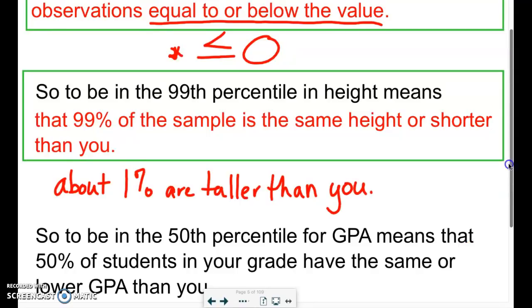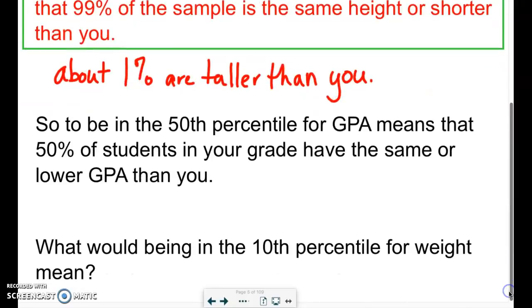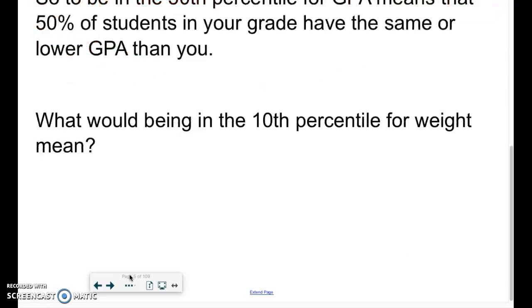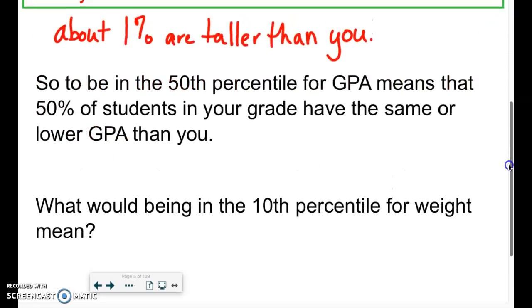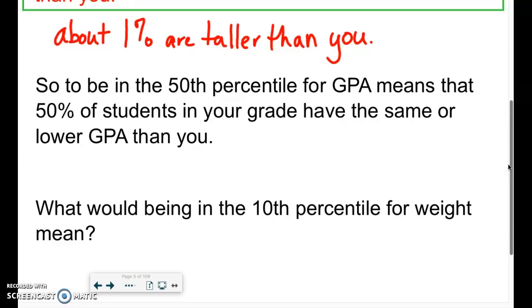All right. So continuing on. So to be in the 50th percentile for GPA, so let's say we're comparing GPAs, it means that 50% of students in your grade have the same or lower GPA than you. Okay, so let's say that we looked at everybody's GPA across the 9th grade class.